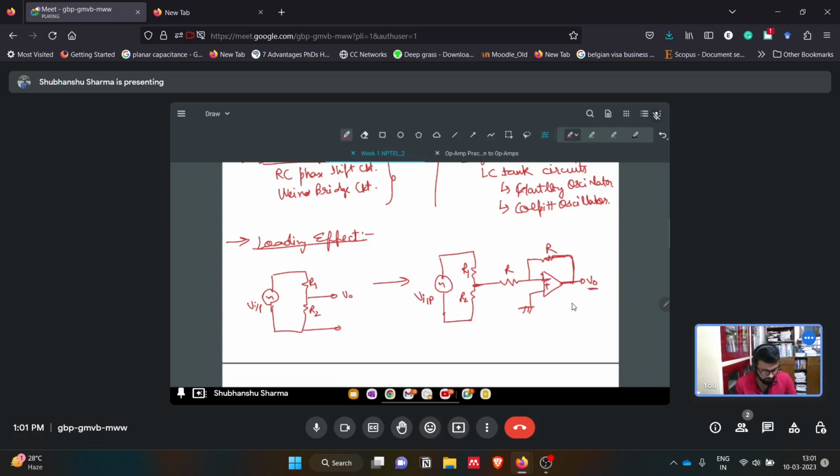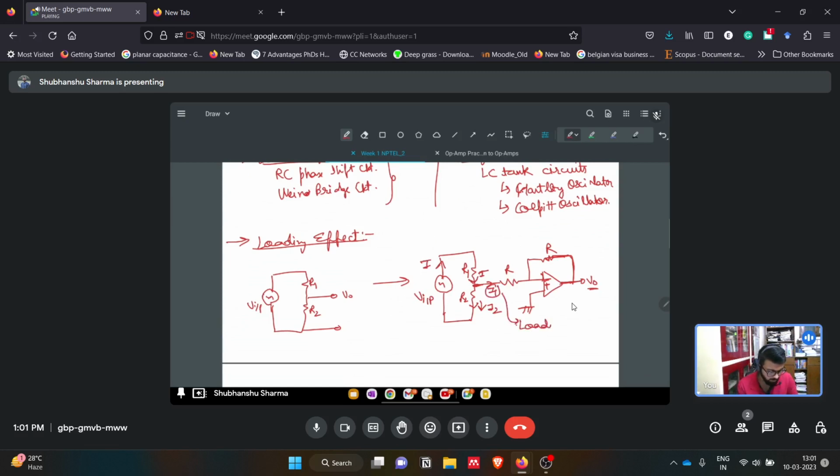Since we wanted the current to enter through this path, but instead it will distribute to this part also. So I, which was coming from the R1 side, that is from the source, will get diverted into two paths, I1 and I2. So this is causing loading.